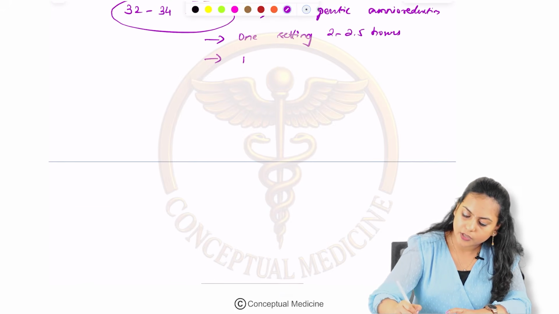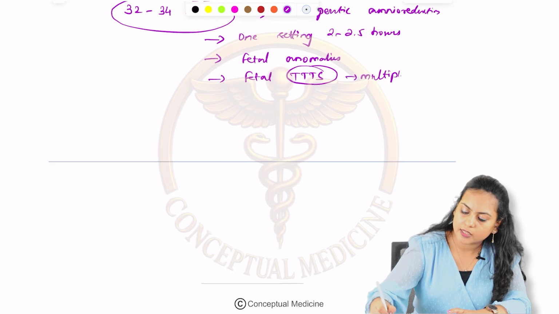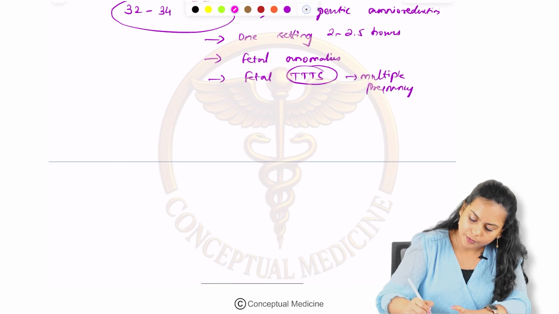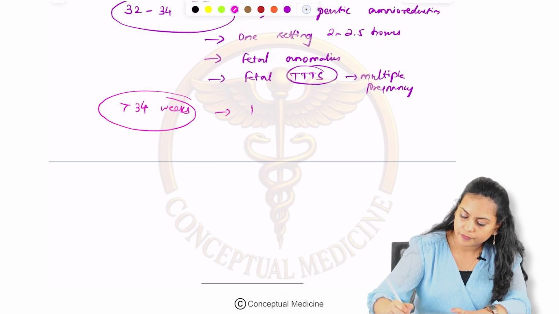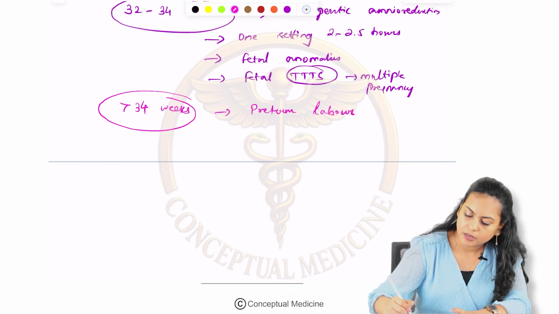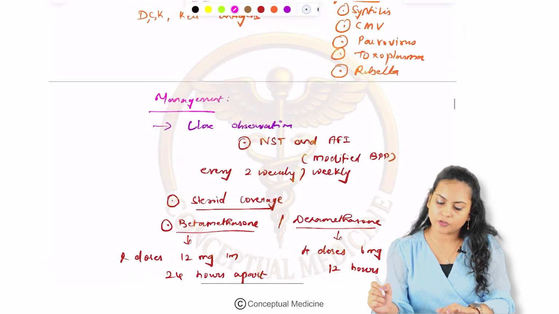So, this is done especially in case of fetal anomalies and fetal TTTS if present in multiple pregnancy. And suppose if the pregnancy is more than 34 weeks and there is polyhydramnios, you can even counsel the mother about preterm labor. But you have to assure that you have covered the steroid dosage.